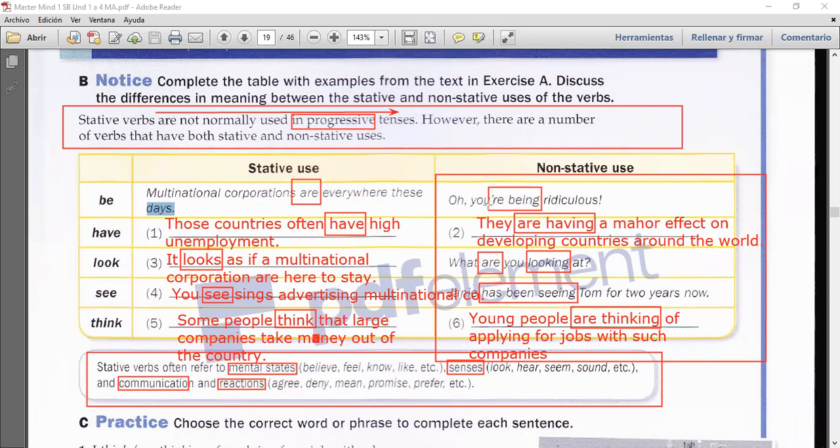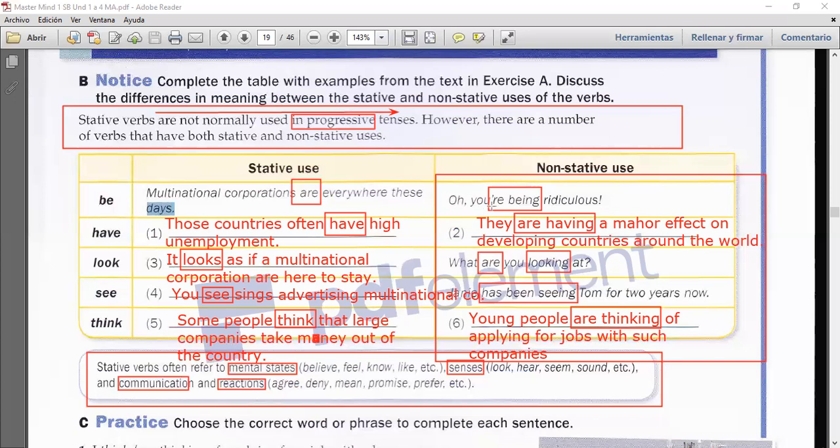Okay, you're being ridiculous. It's different to say you are ridiculous. You see the person and you are ridiculous. But you're being ridiculous means this person was acting in a different manner.